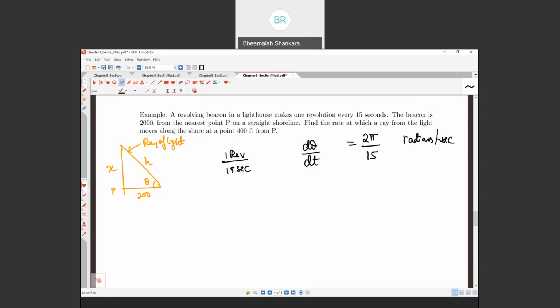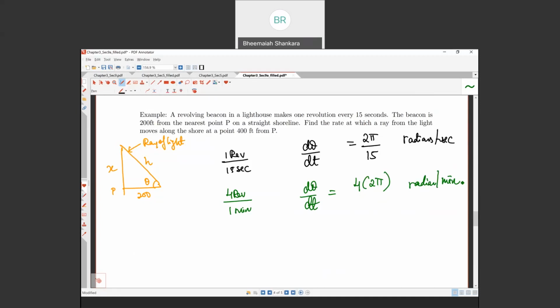Then in the next step we have 4 revolutions per minute. So we want to rewrite d theta over dt as 4 times 2 pi, but this is in minutes, so there's no denominator, and the units will be radians per minute.